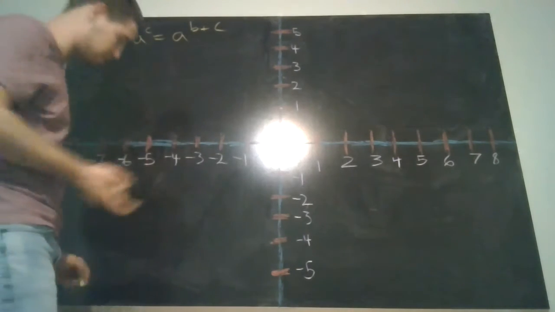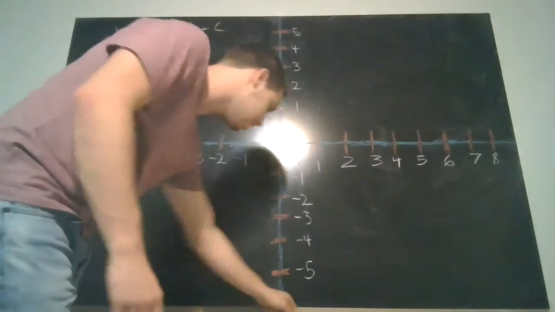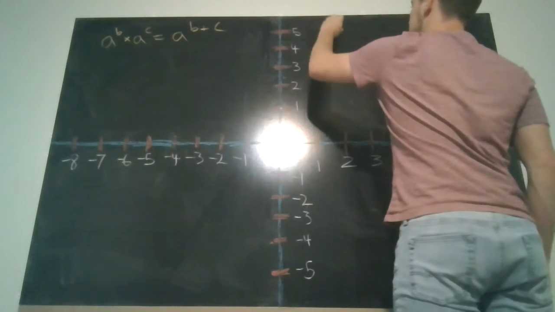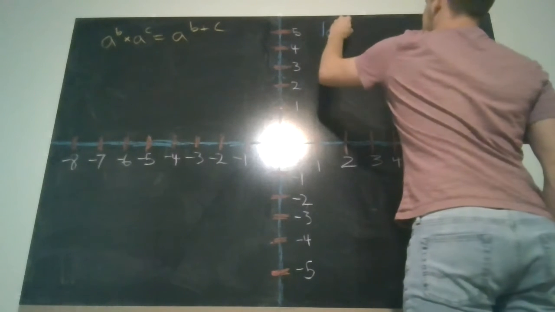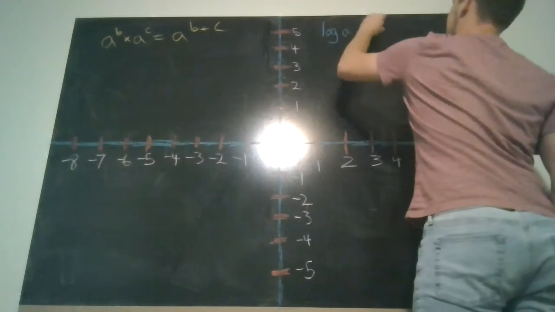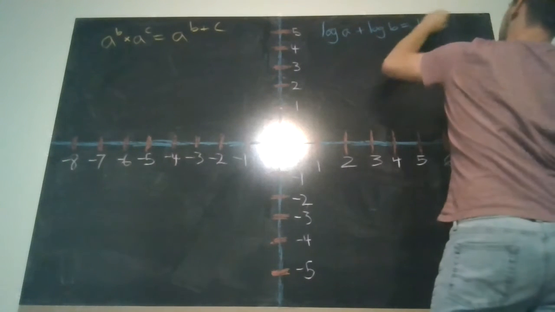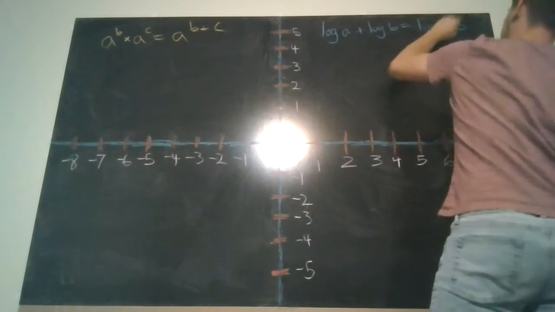You remember that from exponents. Logarithms have the opposite property. Log a plus log b equals log of a times b.